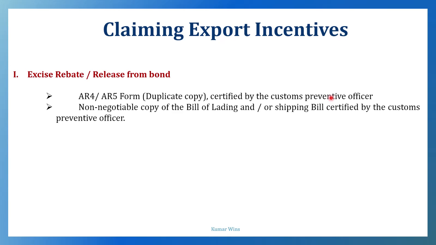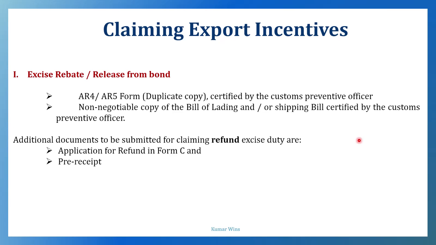The documents are the AR4 or AR5 form, the duplicate copy of this form certified by the customs preventive officer, and the non-negotiable copy of the BL or shipping bill, certified by the customs preventive officer. There could be some additional documents like the application for refund in form C and pre-receipt.